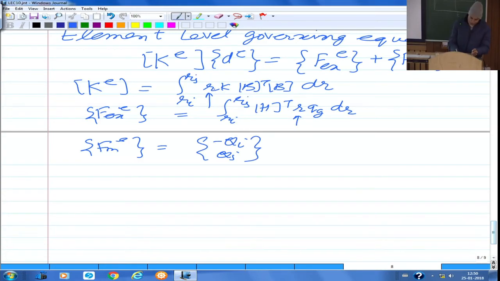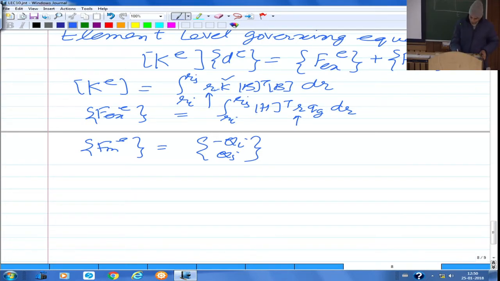Only thing is because now this R is sitting, even if K is constant throughout and Qg is constant throughout, since this R is coming in the integration, your element level stiffness matrix will be different for different elements because of this term R when you are doing the integration. So the rest is now actually integration and of course the solution of the problem.